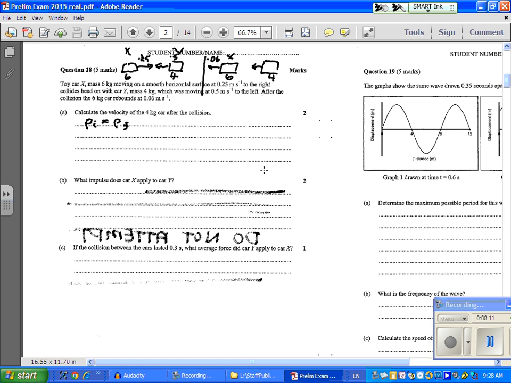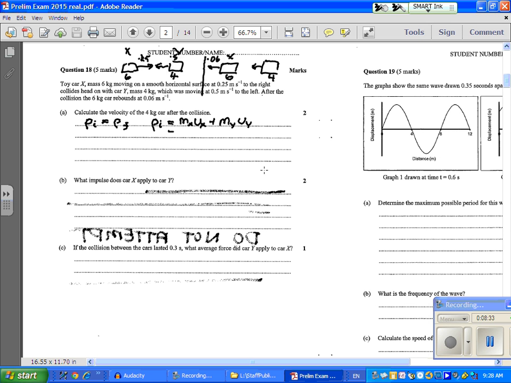So the first thing I want to do here is I want to work out the momentum that I know. So momentum initial is going to be the mass of car X with the initial speed of car X, or the initial velocity, plus the mass of car Y times the initial velocity of that one. That's the equation to work that one out.